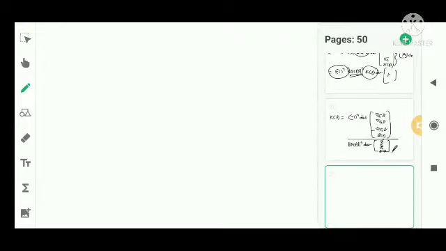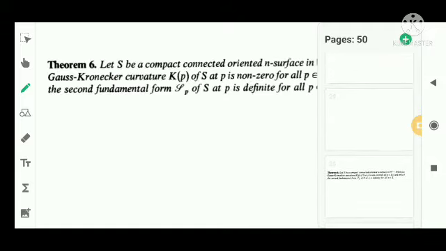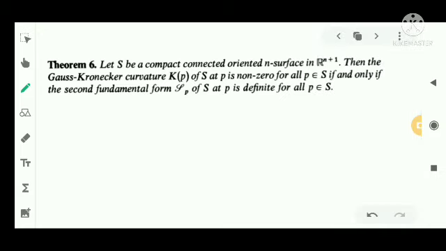Then now next we have a theorem, that is: let S be a compact connected oriented n-surface in R^(n+1).